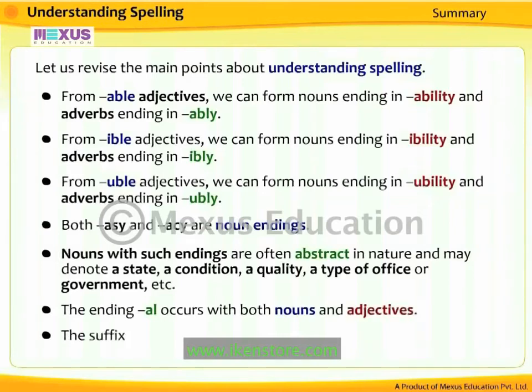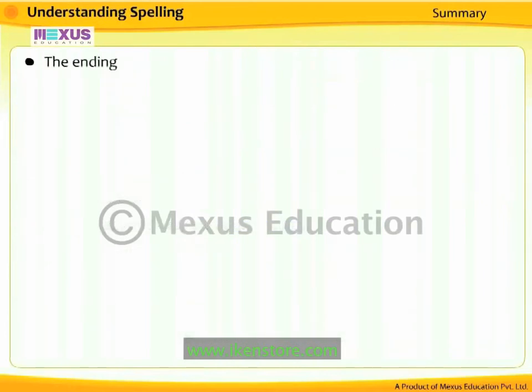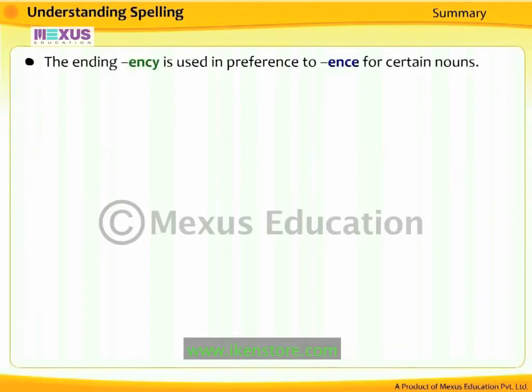The suffix ANCY is preferred to ANCE for certain nouns. The ending ENCY is used in preference to ENCE for certain nouns.